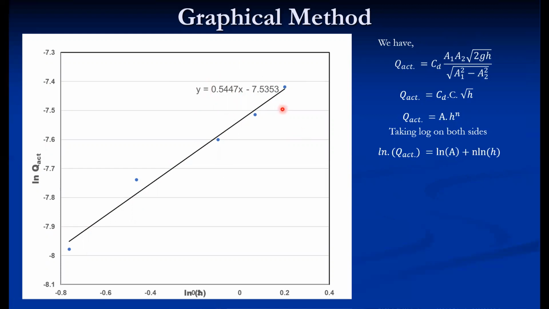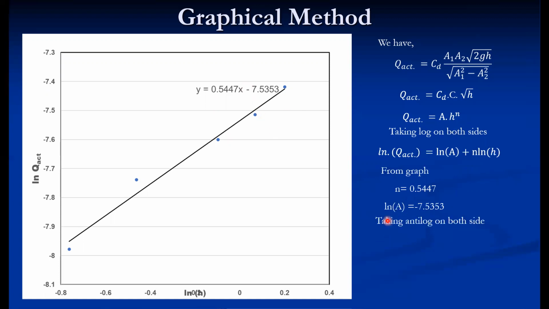This is log A. So from the graph, we get n ideally 0.5. In this case, it is coming 0.5447, close to 0.5. And the log A value, in mx plus c, the c value is nothing but log A. So ln A is equal to minus 7.